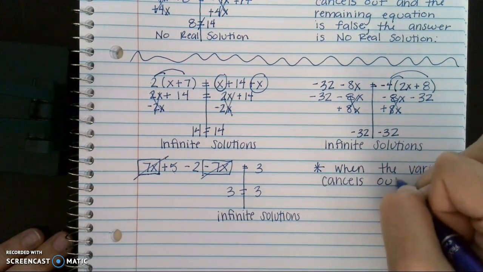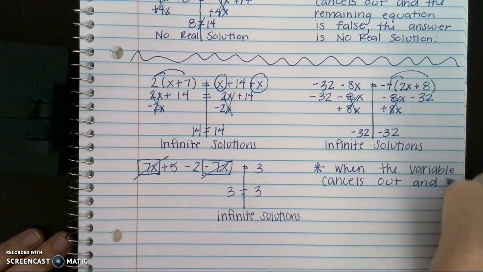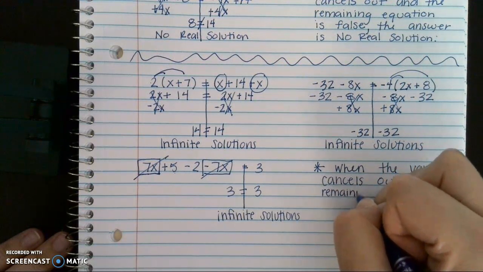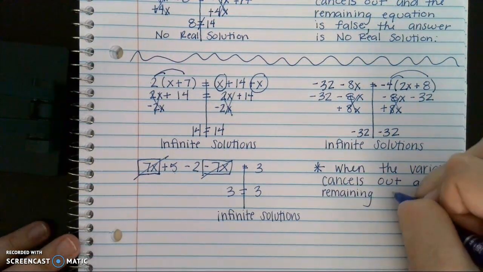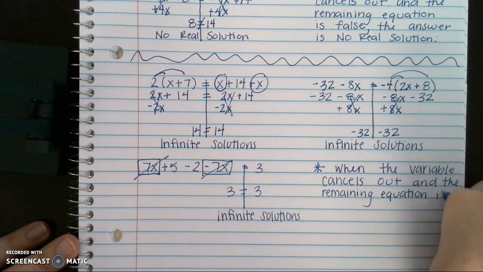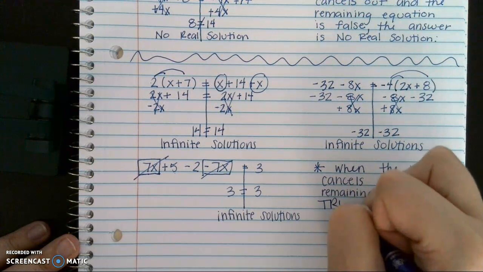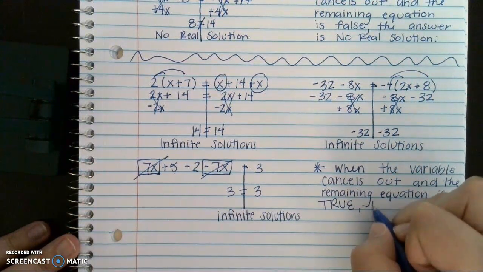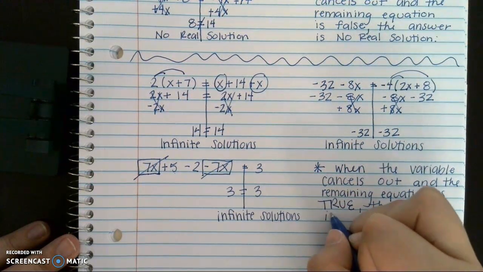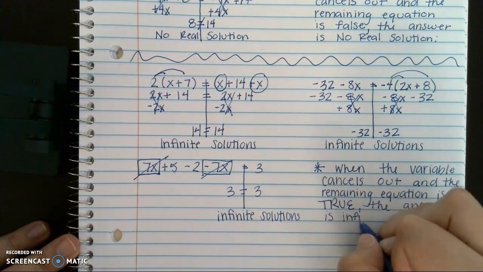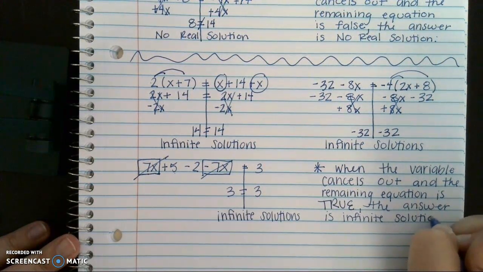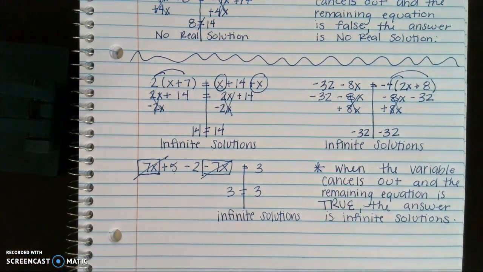When the variable cancels out and the remaining equation is true, the answer is infinite solutions. Can be any number at all, and it'll work. Infinite solutions.